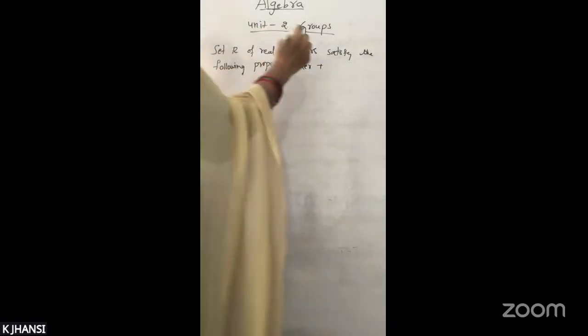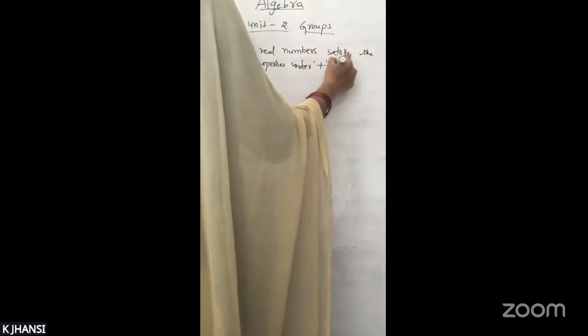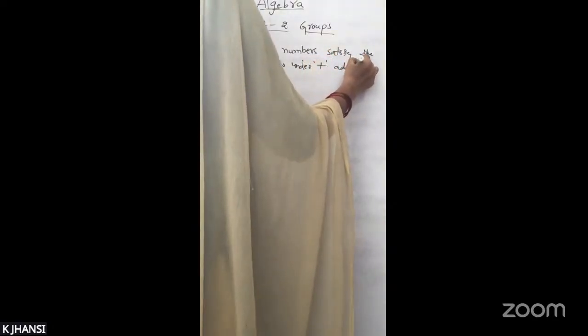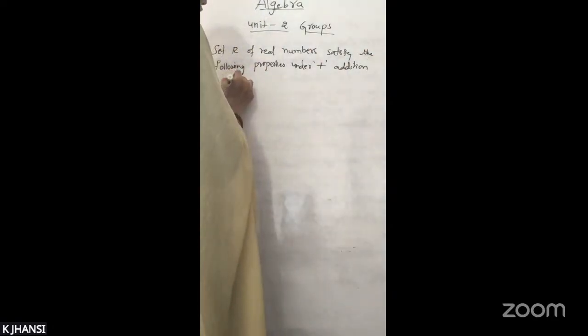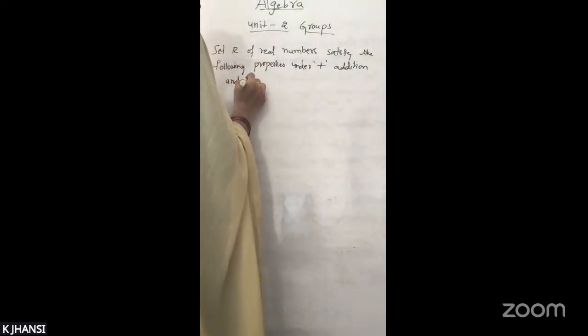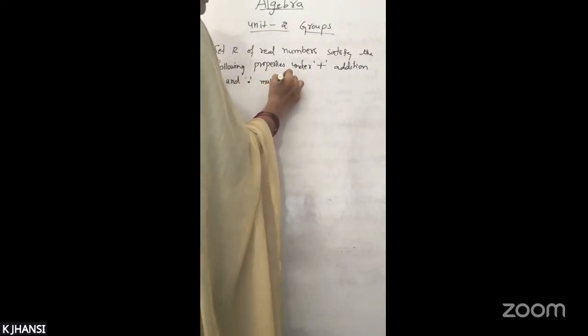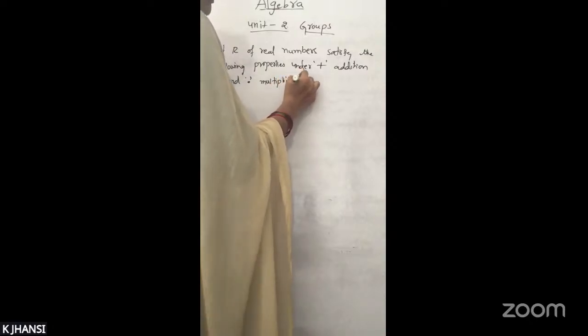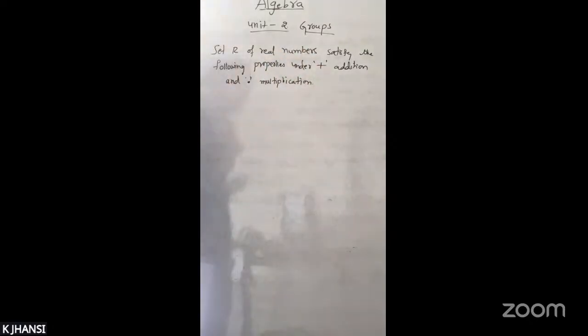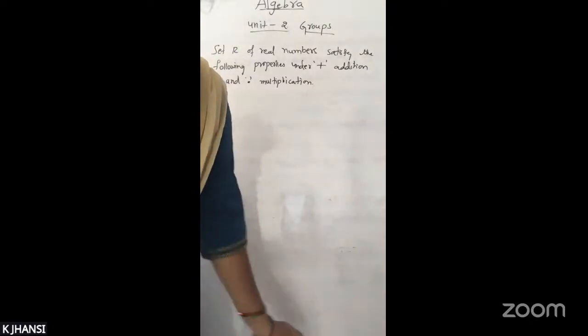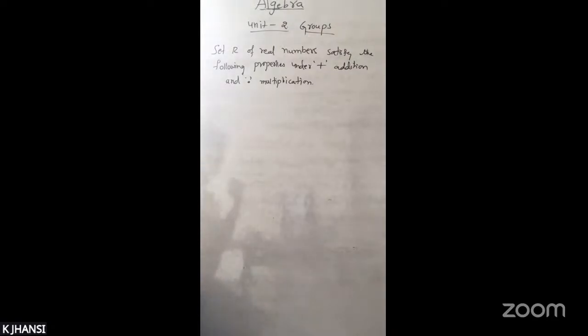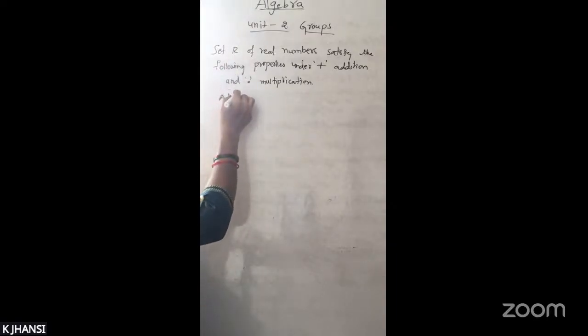For addition, this is the symbol we have, the plus, and the dot, which we call multiplication. If you understand these properties, with their help you can do whatever group theorems there are, or even ring theorems. First, with respect to addition, that is additive.